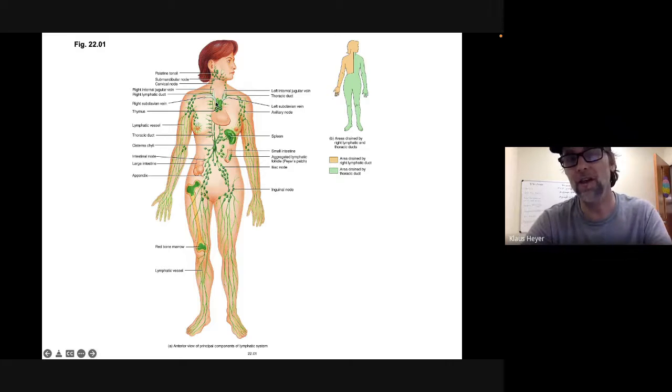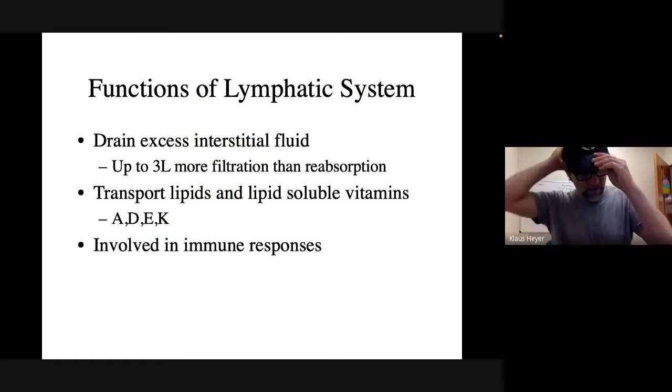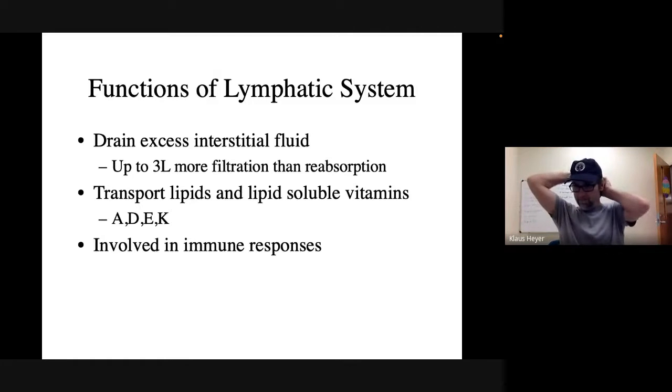Your thymus is very important for immune reactions. So is your spleen. So is your red bone marrow. So these three functions. Add this question, functions of the lymphatic system, to your 7-question bank.